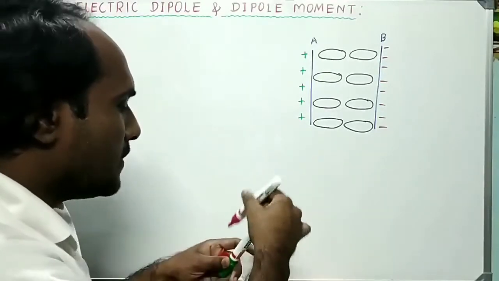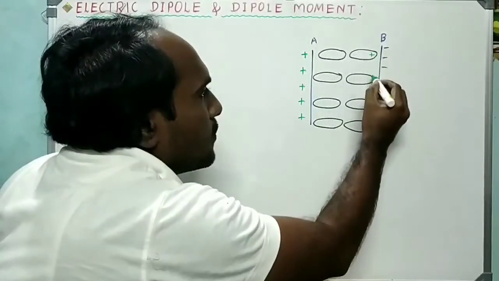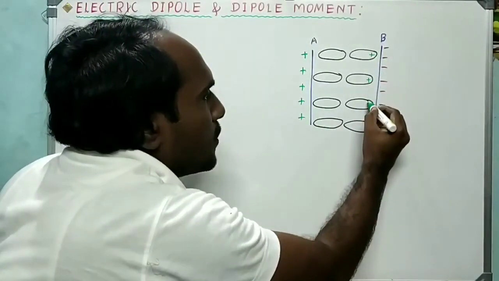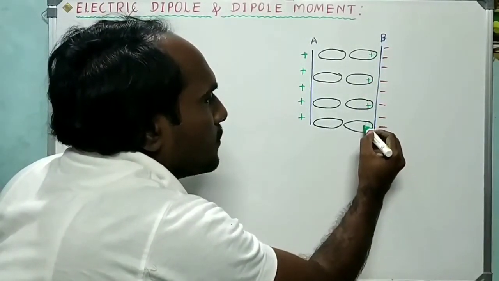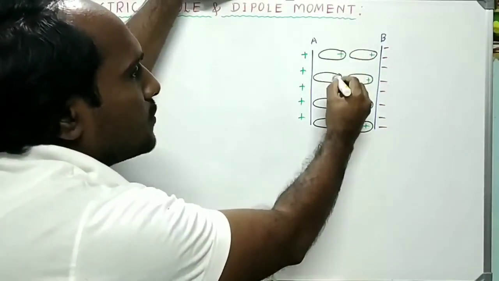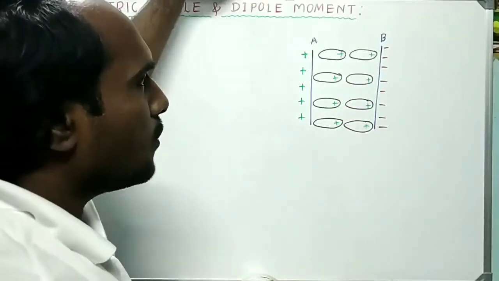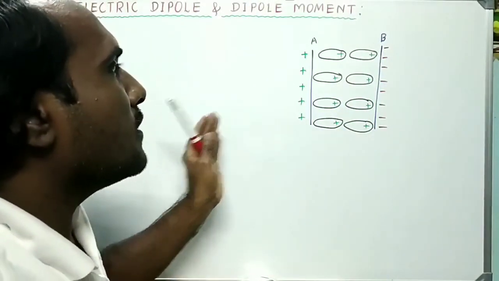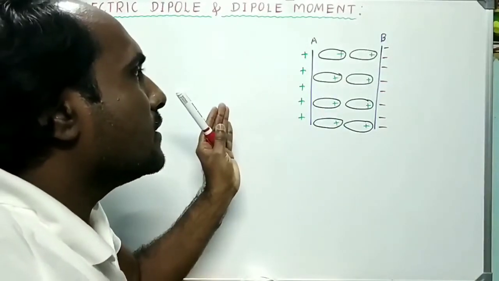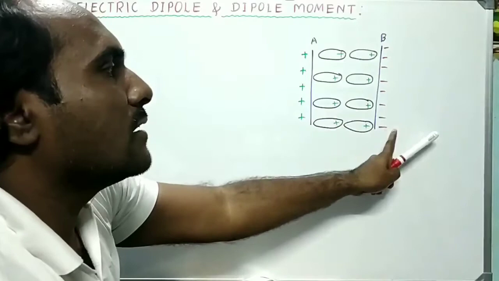Why are positive charges aligning in this direction? Because here it is negatively charged.